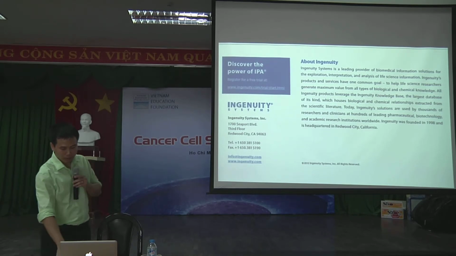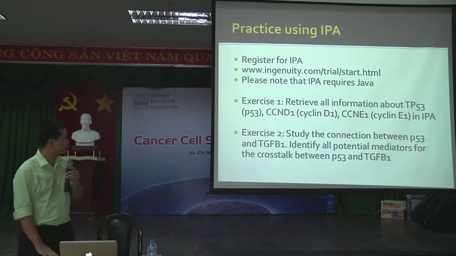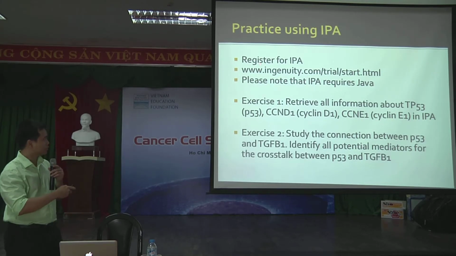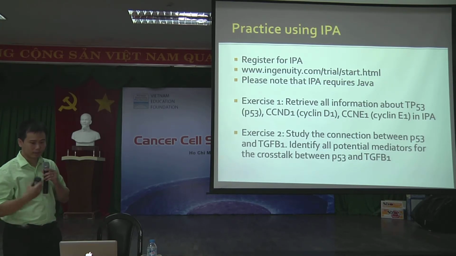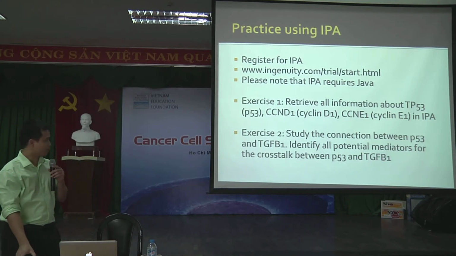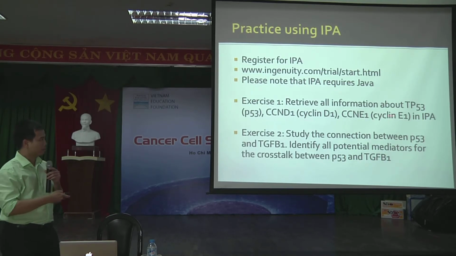Okay. So now for those who have not registered for IPA, I would like you to go to this link and start the trial version of IPA, because in the second part, we will do a couple of practice with this software. So the first exercise we will do is to retrieve all information available on PubMed about p53, cyclin D1, cyclin E using IPA.